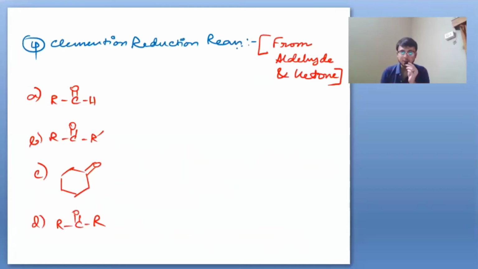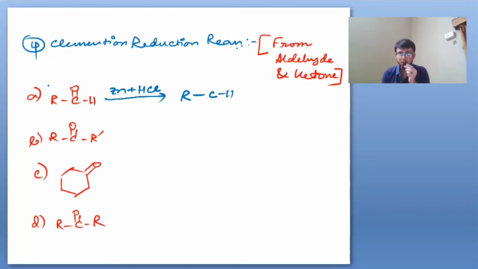Next is our Clemmensen reduction reaction. So if we want to derive an alkane from its respective aldehyde and ketone, then we do this Clemmensen reduction reaction. So let us see what happens. That is, the reagent is Zn plus HCl.